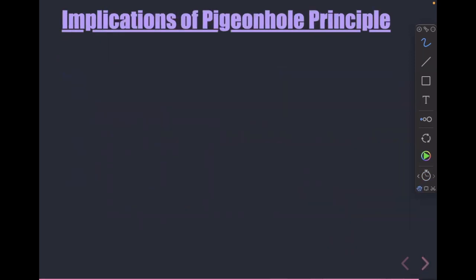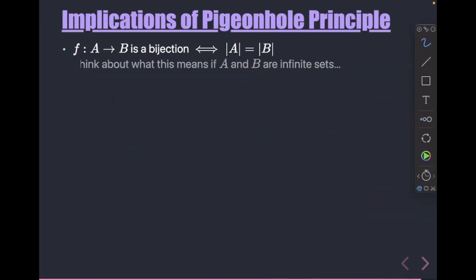And I think this is the part where it's like, wow. Again, this is just that property. If this function F from A to B is a bijection, then the size of A is the same as the size of B. Well, think about that if A and B are infinite sets. So if A is the set of natural numbers, remember that our set of natural numbers is just 0, 1, 2, 3.